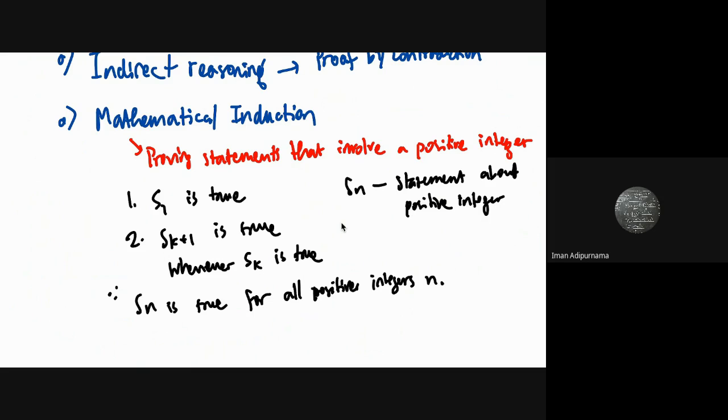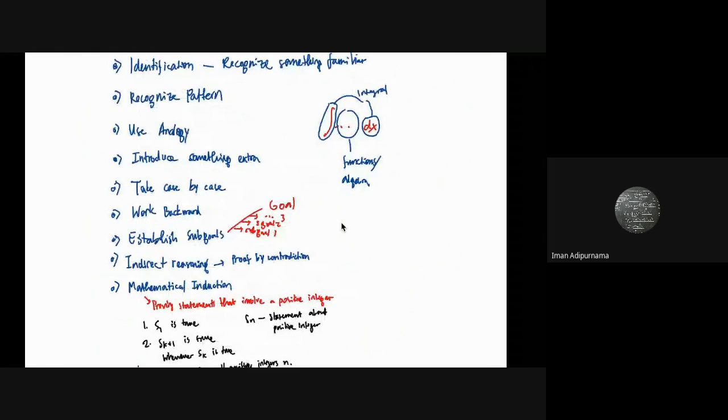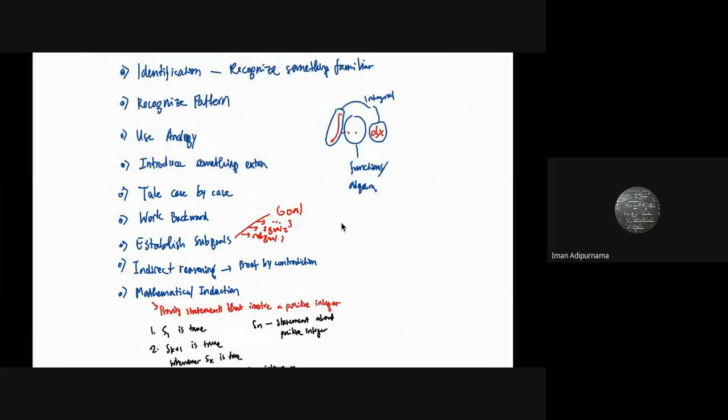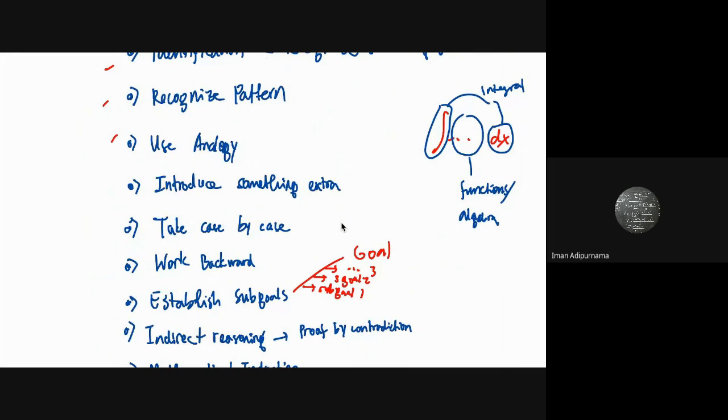So within this plan, after we identify and recognize the pattern, or think about analogy, or introduce something extra, or maybe skip that, that's still okay.